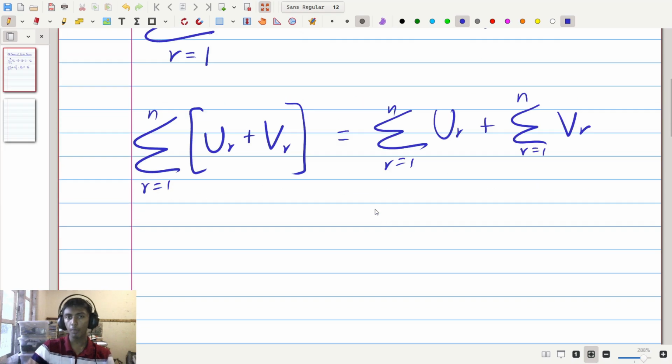This can be easily observed if we start writing down each of these sums. For the first one, the sum here is going to be all the values of u(r) plus v(r) for the values of r going from 1 up to n.